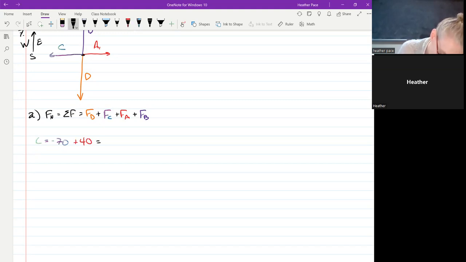Net in the X direction is going to give us negative 30. So if we were to draw, this is going to be our addition of our forces. We're going to have negative 30. So 10, 20, 30.